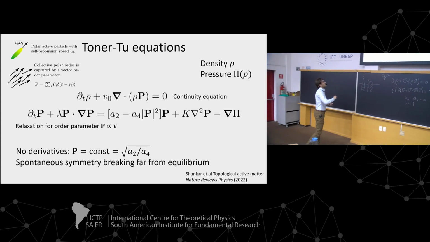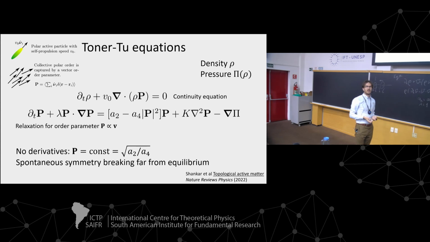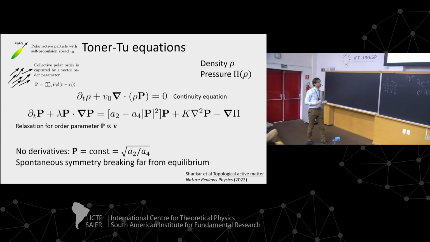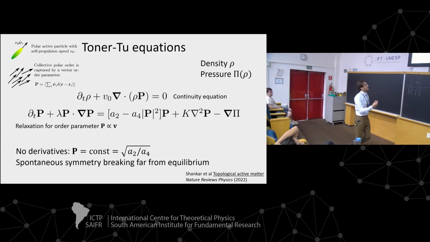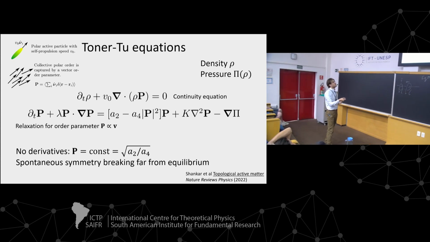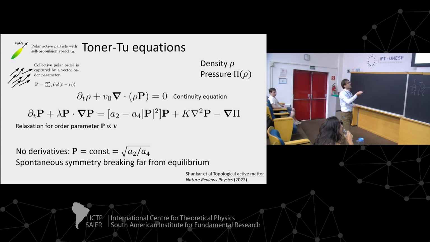One justification for where it comes from is by analogy with this kind of Landau theory for what a relaxation of an order parameter equation could look like. It's probably one of the simplest equations for this kind of spontaneous symmetry breaking in an active system, where you have the emergence of this order parameter away from 0 once you have a sufficiently strong active term.